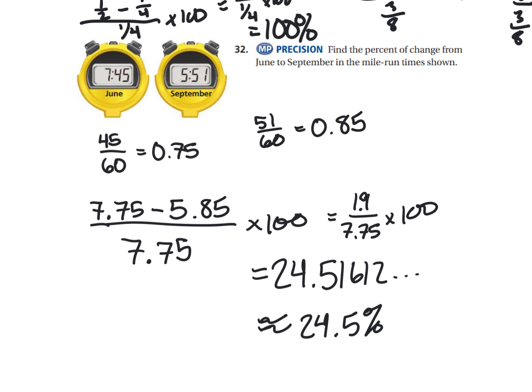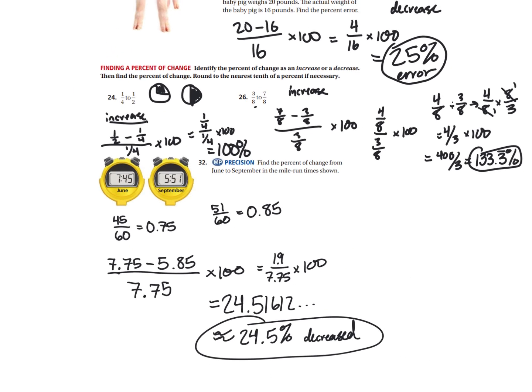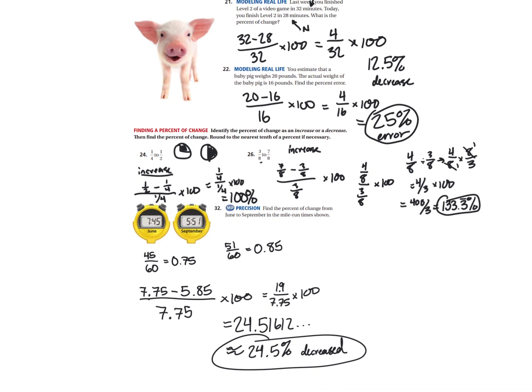I got faster from June to September, so my time decreased. And that would be our answer. All right, there's 6.4 homework help.